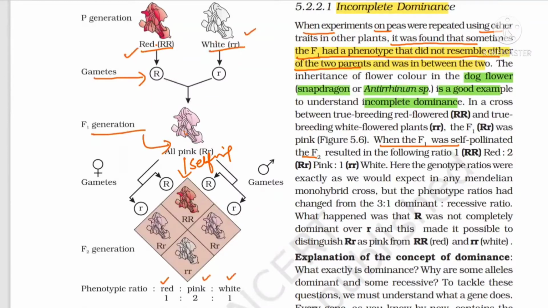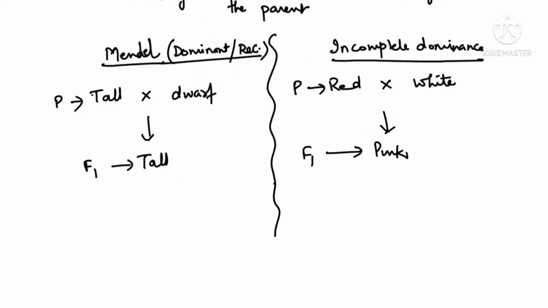Is it clear? Let me show you on the note. So now see beta, when this F1 generation was going to selfing according to the Mendel, what we were finding in the F2 generation, we were finding 3 tall and 1 dwarf. Clear beta?